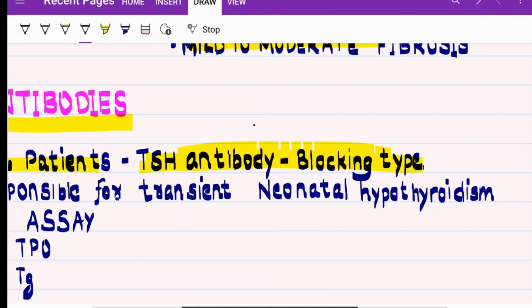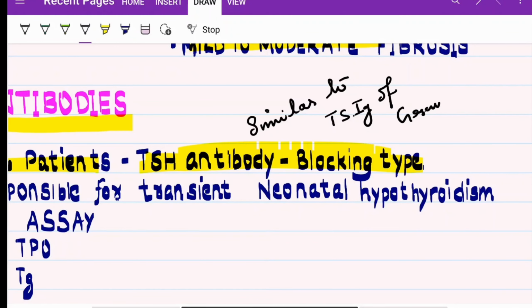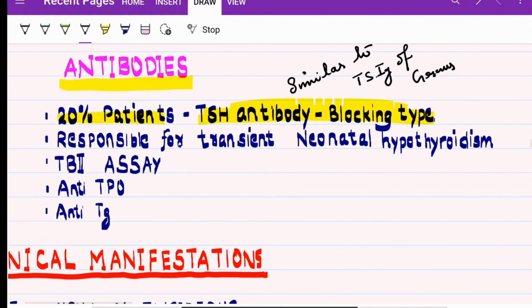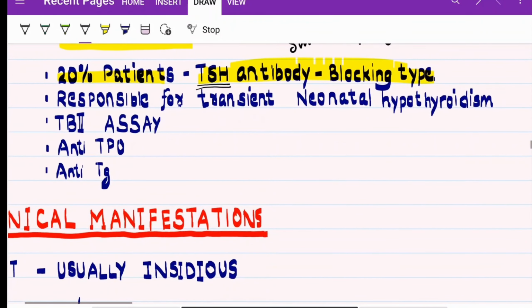This is similar to the thyroid stimulating immunoglobulin of Graves disease; in Graves disease we have seen such things. Similarly, this is a TSH receptor blocking type of antibody. It is responsible for transient neonatal hypothyroidism if transplacental movement of this antibody occurs.